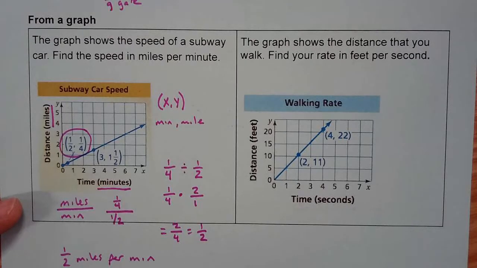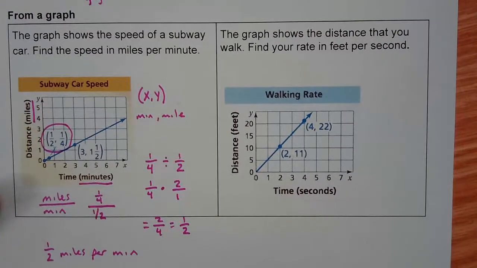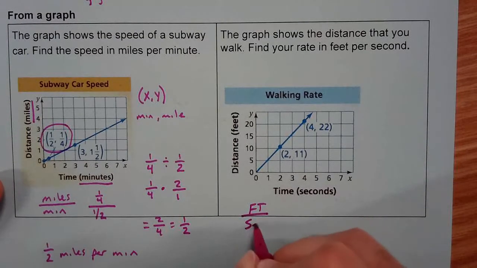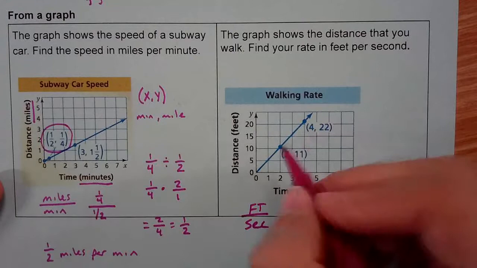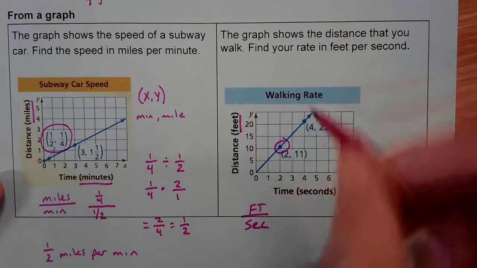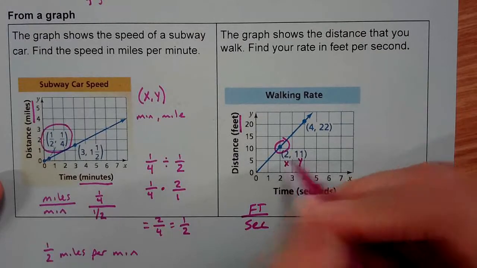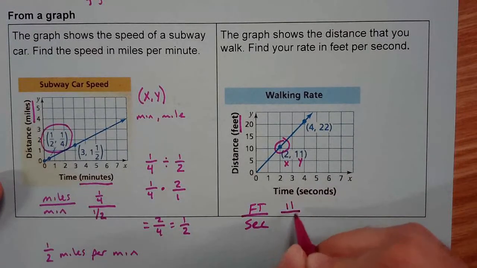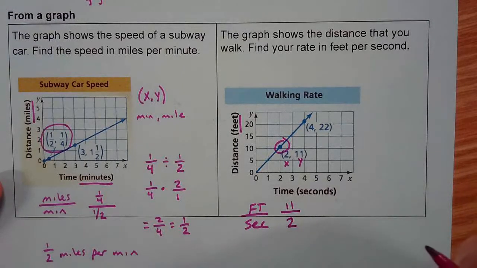And we'll do the last one, walking rate. We're going to do it in a similar fashion. We want to know feet per second. So I'm going to choose a point. Now remember, y is feet, x is seconds. So I go 11 feet in 2 seconds.